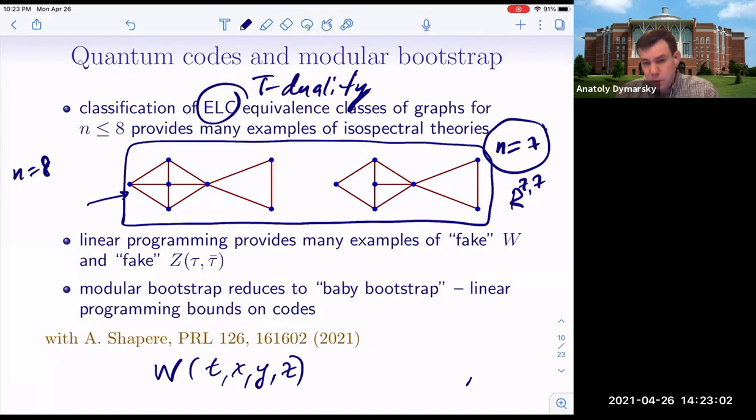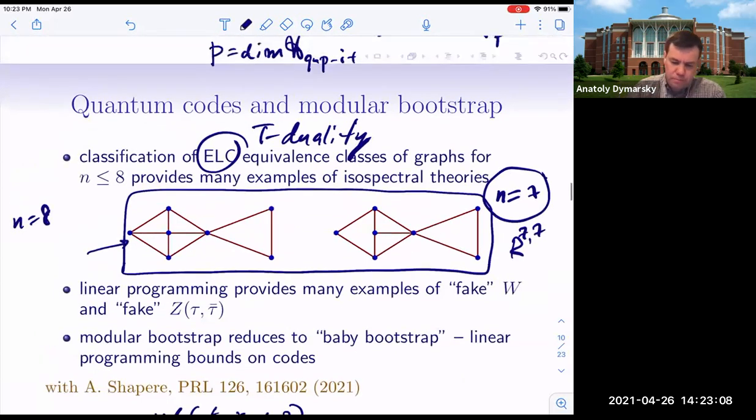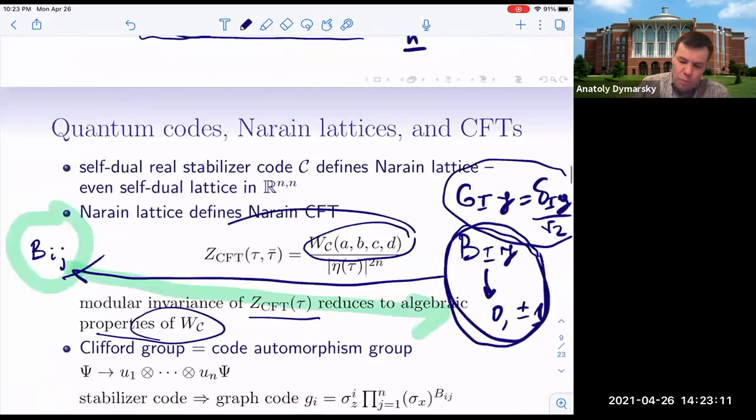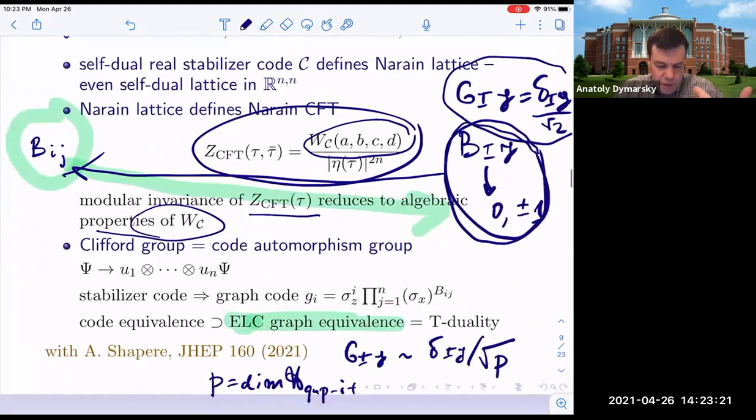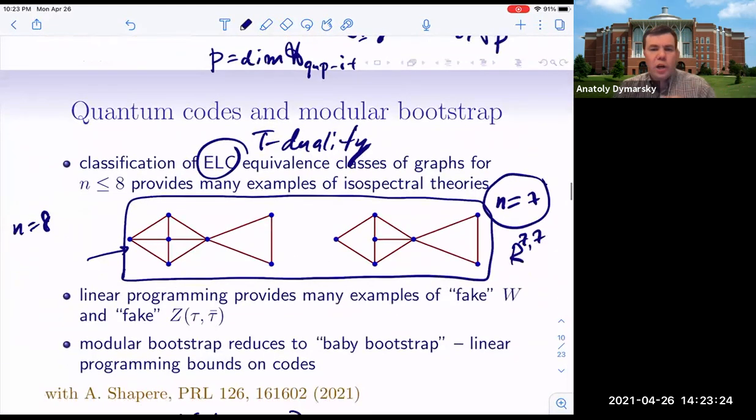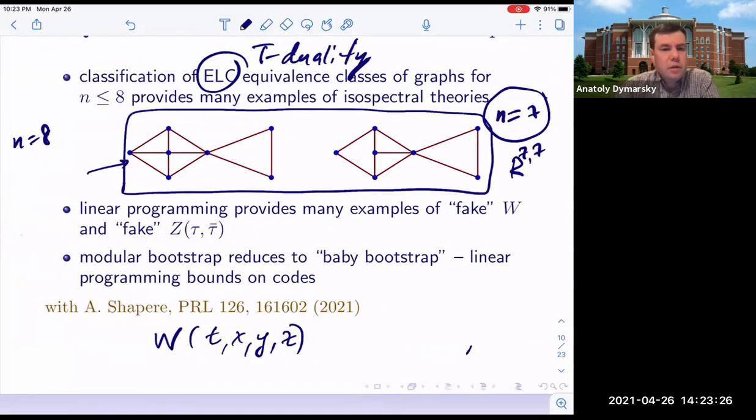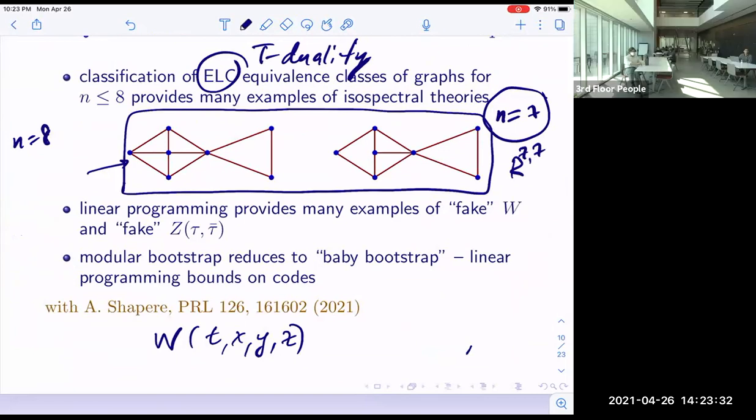So you can write a simple program which will generate a lot of those W's, and each W can be used together with this formula to produce a modular invariant Z, which satisfies all the properties of a partition function of a CFT, but there is no obvious CFT counterpart. So we call such W and such Z fake, because they may not correspond to any CFT at all. We do not know if there is a CFT.